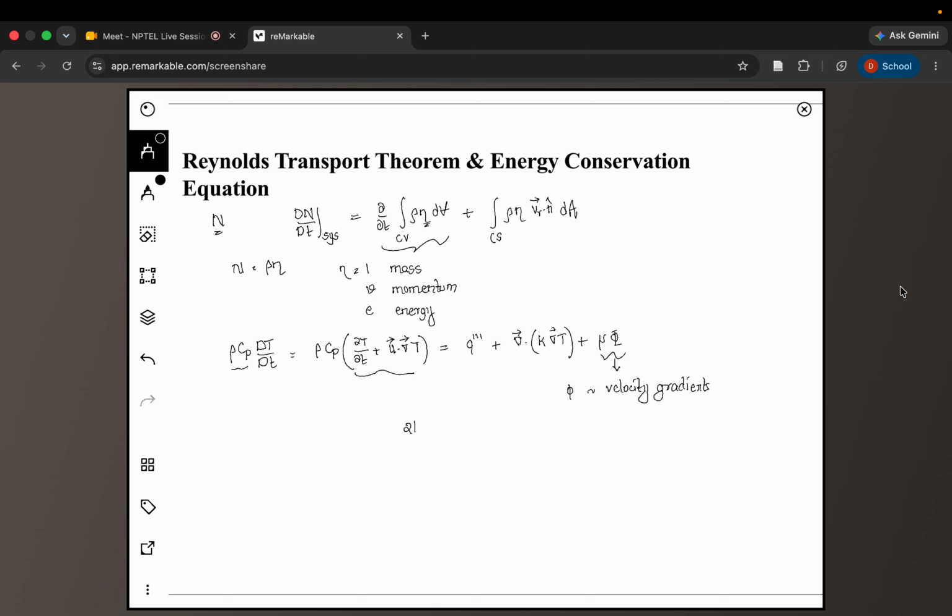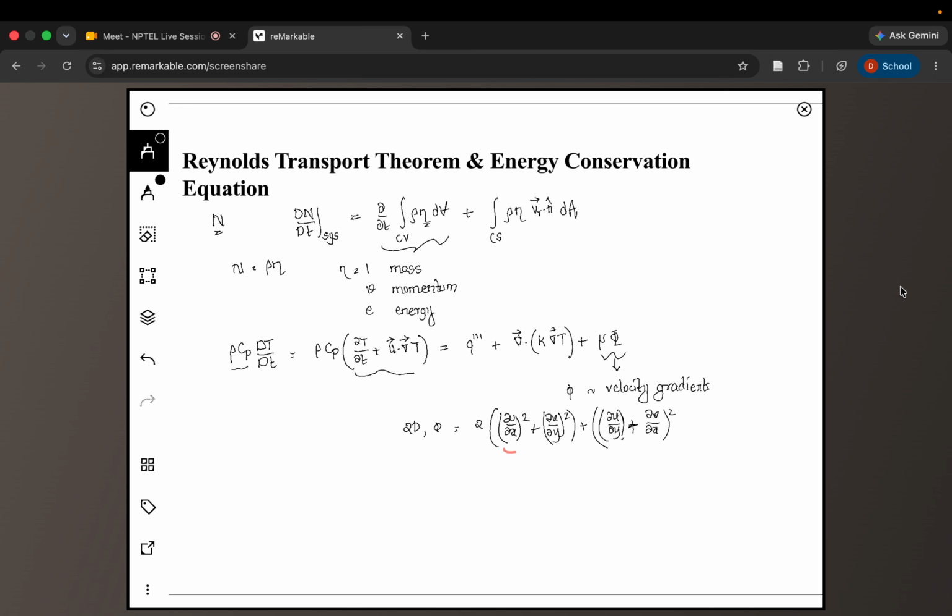Say for a 2D flow, phi will come out to be something of this kind, where all these terms are velocity gradients. So wherever we have velocity gradients, either in the x or the y direction, this term will be adding.